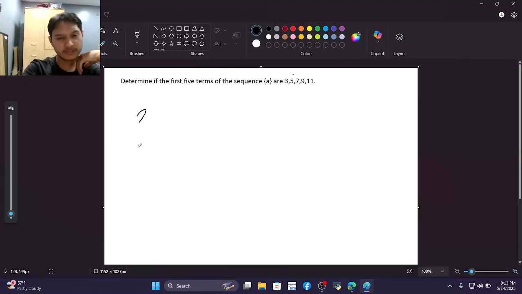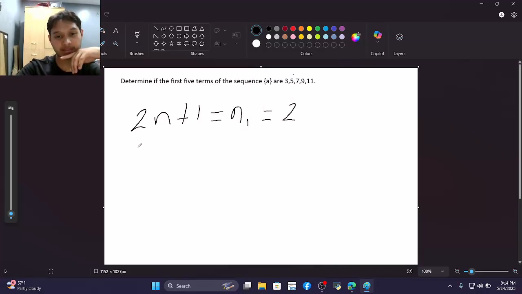So if we do 2n, and we add plus 1, a sub 1 will be 2 plus 1 equals 3.